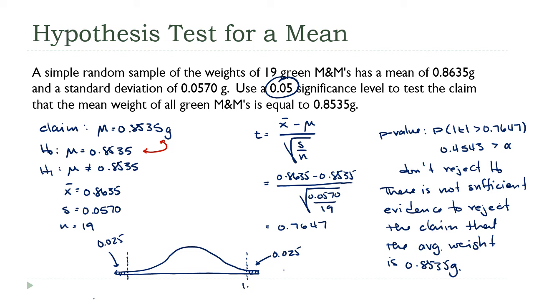This comes out to 1.734, and the left side would be negative 1.734. And if we put our t-score in here for comparison, our t-score is over here somewhere, 0.7647. So because our test statistic is outside of the critical region, that means we would fail to reject the null hypothesis, which is the same conclusion that we got using the p-value method.